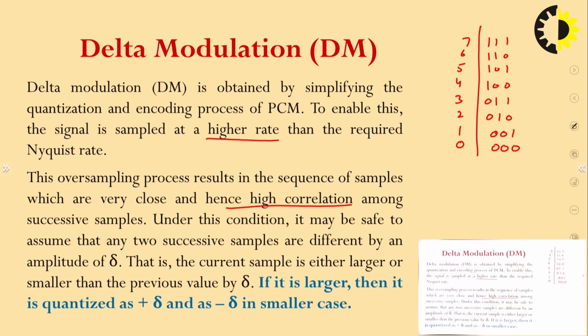It leads to higher correlation among the successive samples if the sampling rate is high. Now under this condition, it may be safe to assume that any 2 successive samples are different by an amplitude of delta. That is, the current sample is either larger or smaller than the previous value by delta.